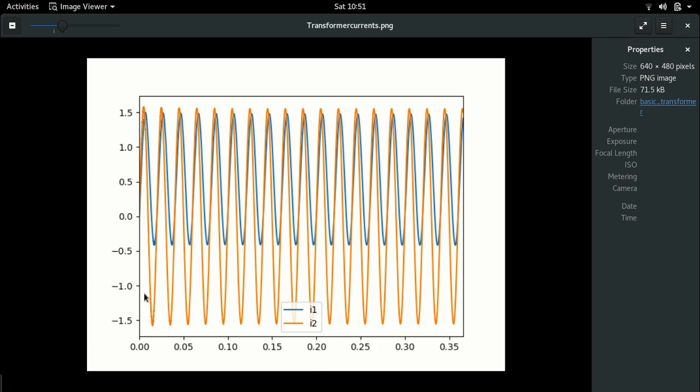Because the transformer inductance will not allow the current to jump instantaneously. That is the property of a transformer. The inductor will always oppose a sudden increase in current, right? So therefore this results in a DC offset.